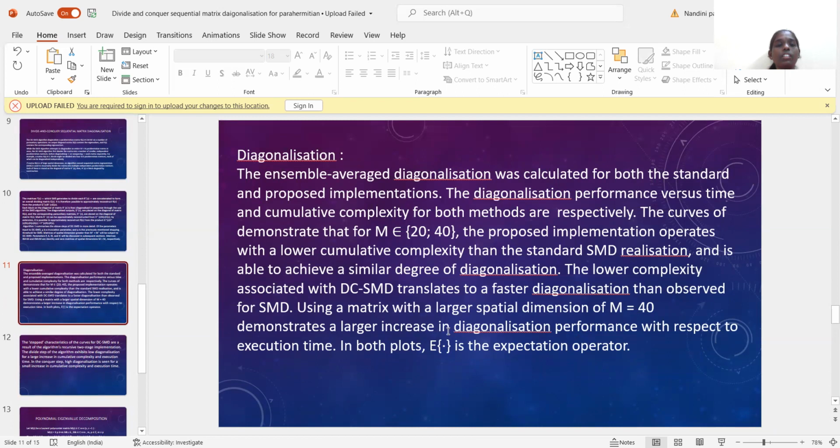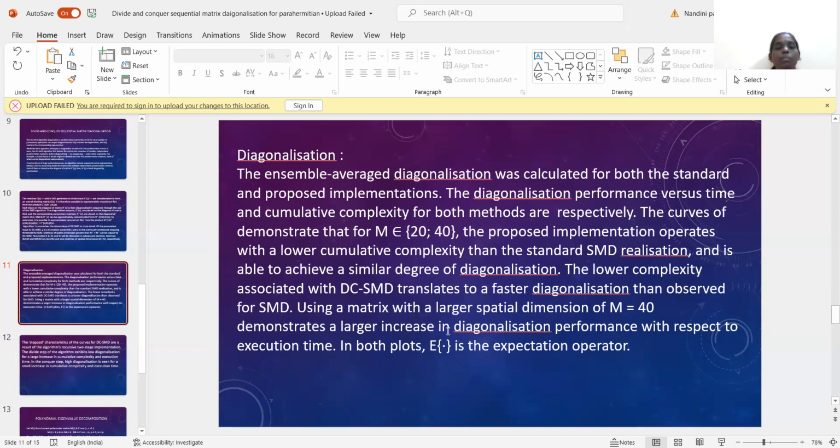Diagonalization. The ensemble averaged diagonalization was calculated for both the standard and proposed implementation. The diagonalization performance, time, and cumulative complexity for both methods are shown respectively.